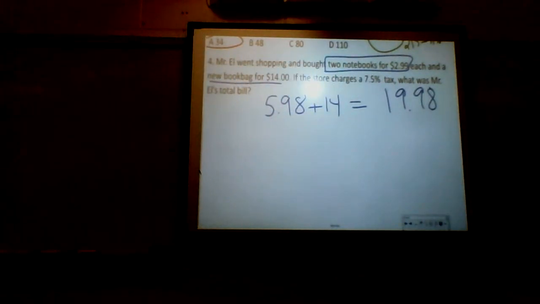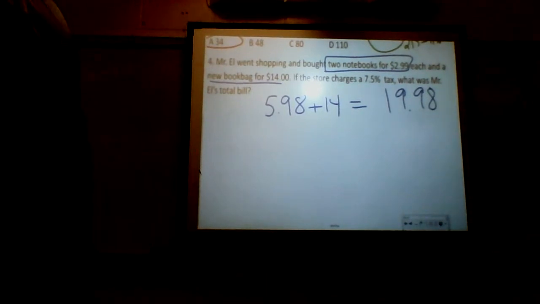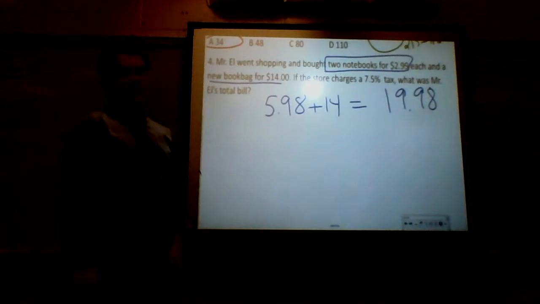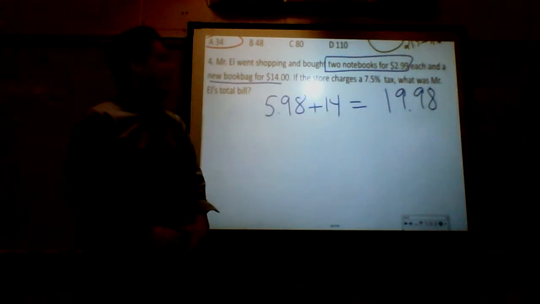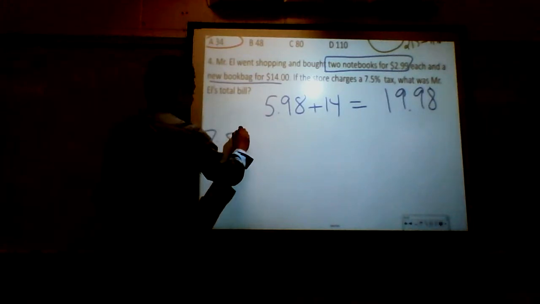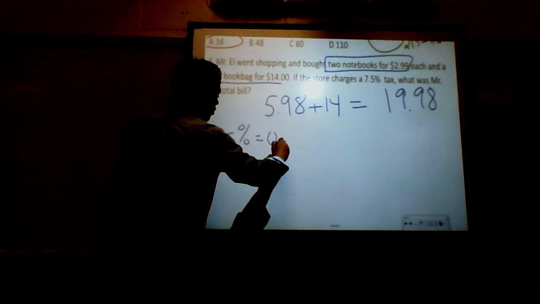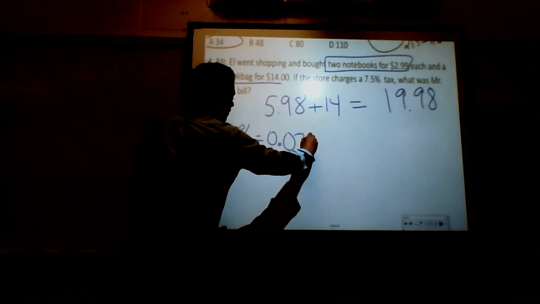Again, this is not difficult. It does require you to actually read, which I know might be tricky for some of us. Then it says the store charges a 7.5% tax. Well, a tax is going to mean the prices increase, so it's going to end up being greater than that. 7.5% as a decimal is 0.075.